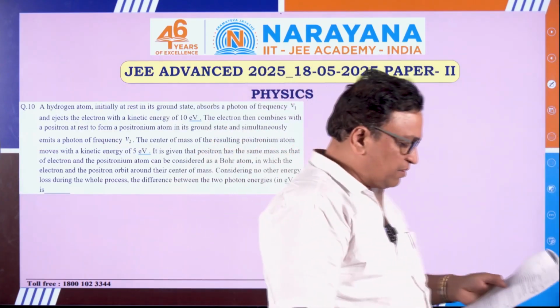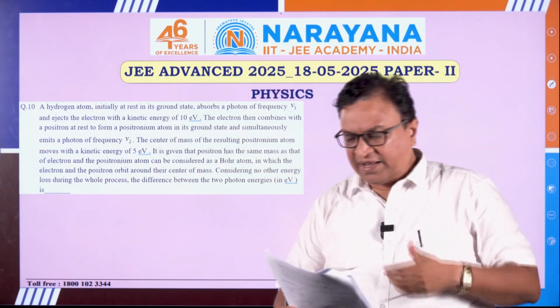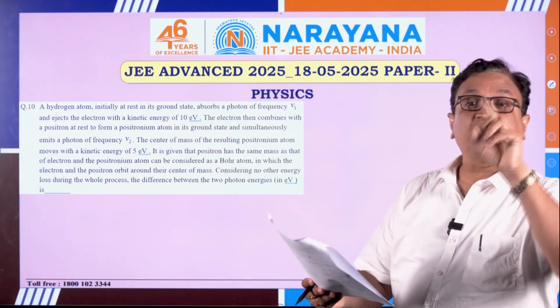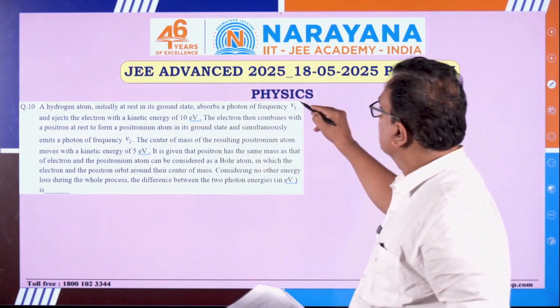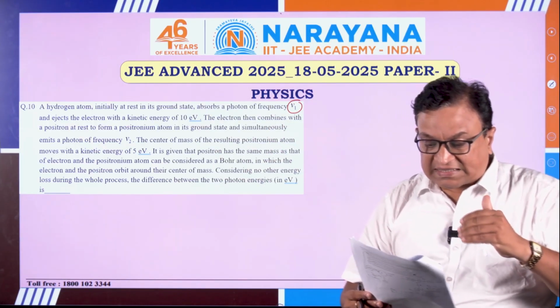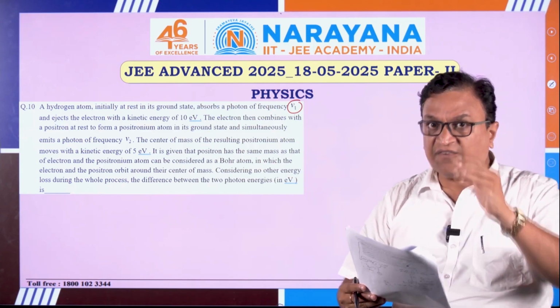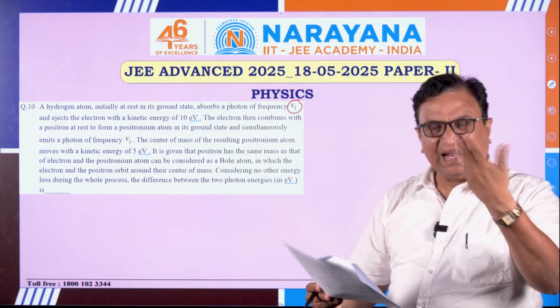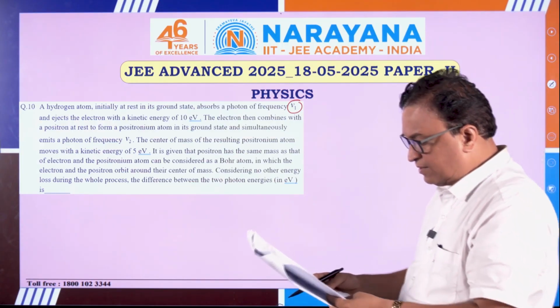A hydrogen atom initially at rest in its ground state absorbs a photon of frequency nu1, and ejects the electron with a kinetic energy of 10 electron volts. Stop. Let me analyze this.